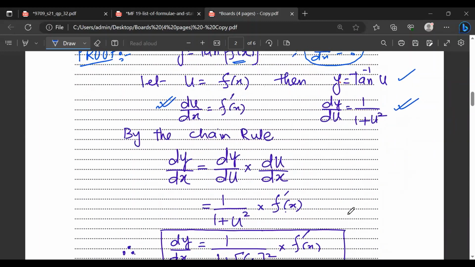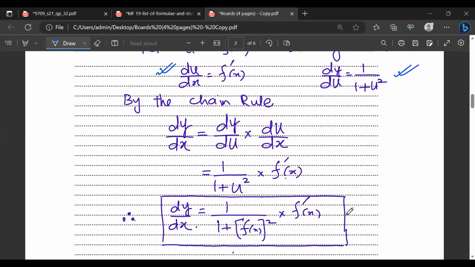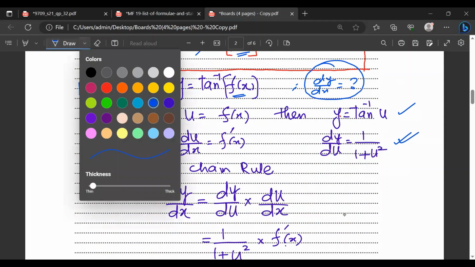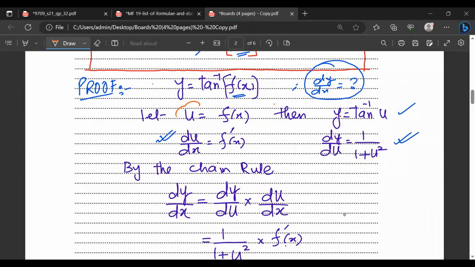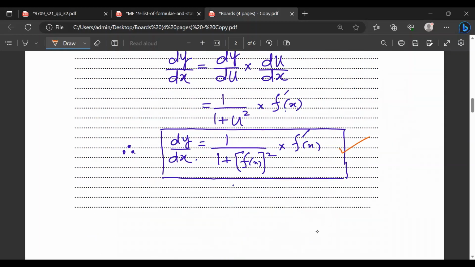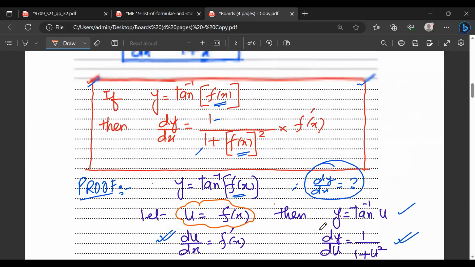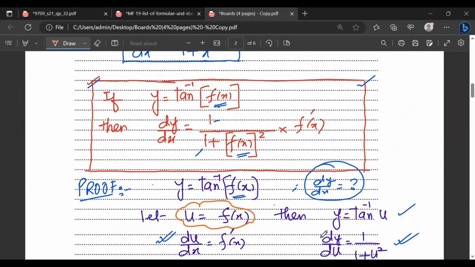So finally, writing u as f(x), you can write this form of the formula. So 1 over 1 plus f(x), if it is not just tan inverse of x, if it is tan inverse of half x or any other function. This formula is applicable for all such cases. So 1 over 1 plus f(x) whole square into f dash of x. This is how. So keep in mind this formula which is in the red box.